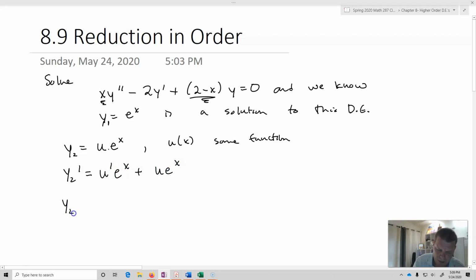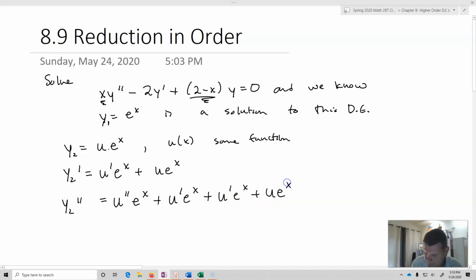And y2 double prime is going to equal u double prime e to the x plus u prime e to the x plus u prime e to the x plus u e to the x, which is just equal to u double prime plus 2u prime e to the x plus u e to the x.